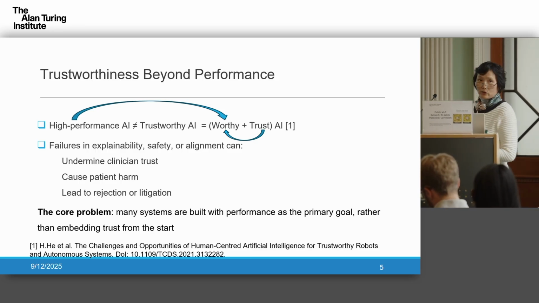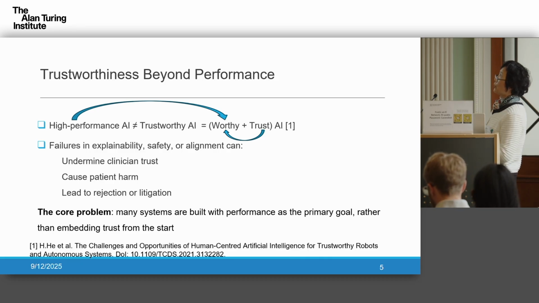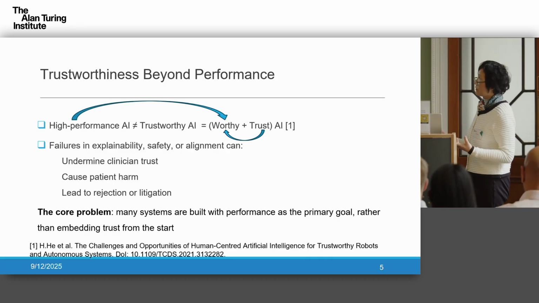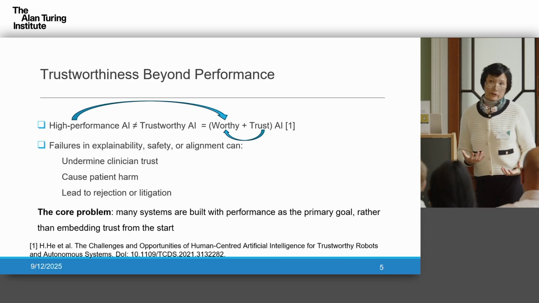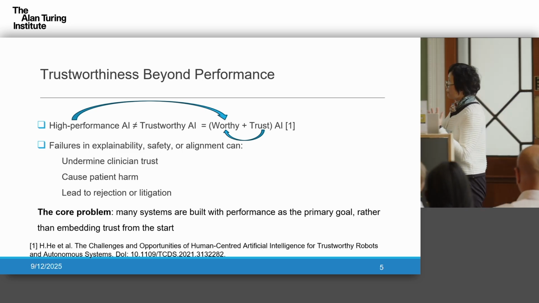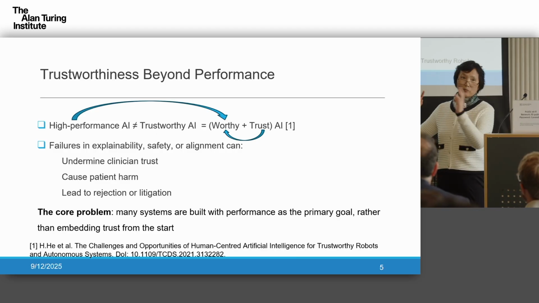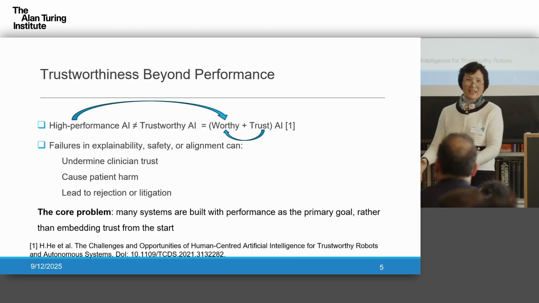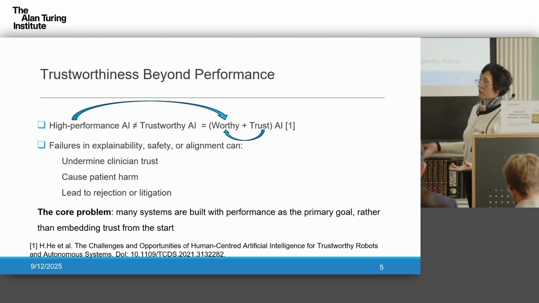Without trustworthiness, failures in explainability, safety, or alignment can have serious consequences in healthcare, because a healthcare system is a safety-critical system. Human life is at stake, so we particularly need to consider this. Failures will undermine clinical trust, so clinicians might not put the intelligent system into their workflow, and they can also cause patient harm.